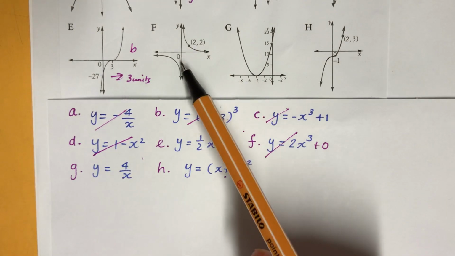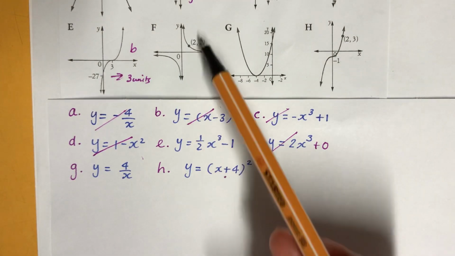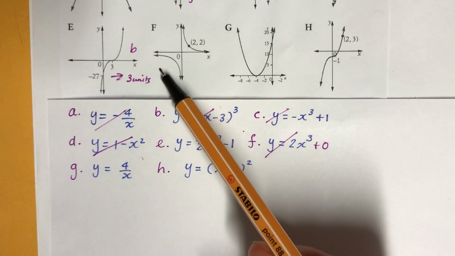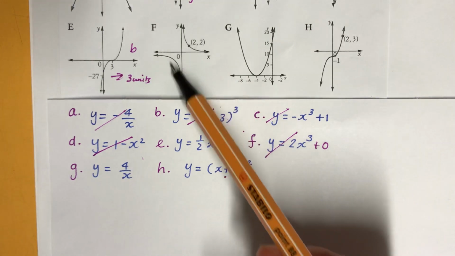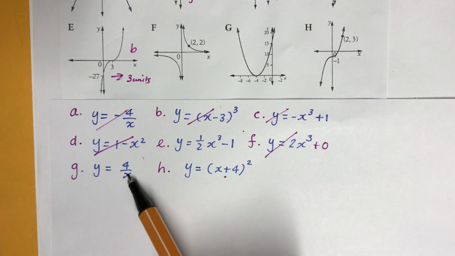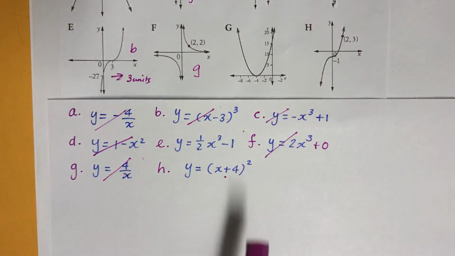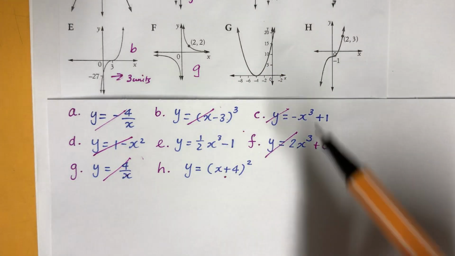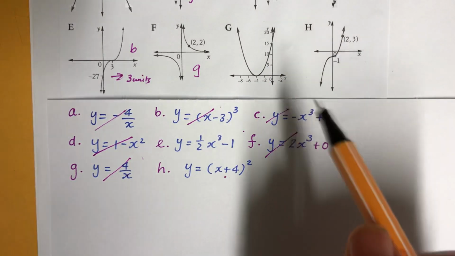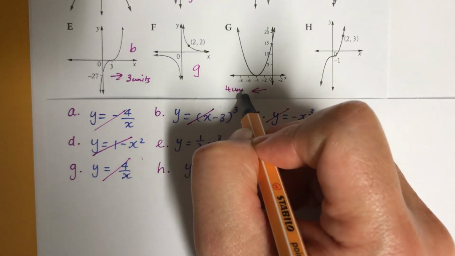F is a hyperbola, and it's right facing the left, which is the first quadrant facing the third, the mirror image. So reflecting, and it has to be positive, so it's a G. And G is a parabola, but it moved to the left by 4 units.